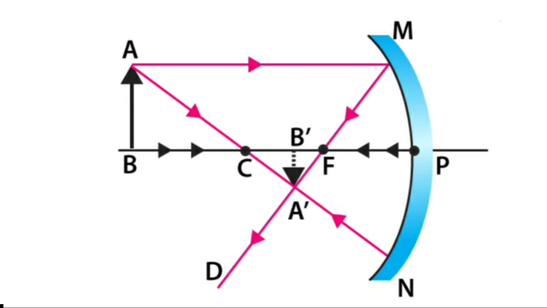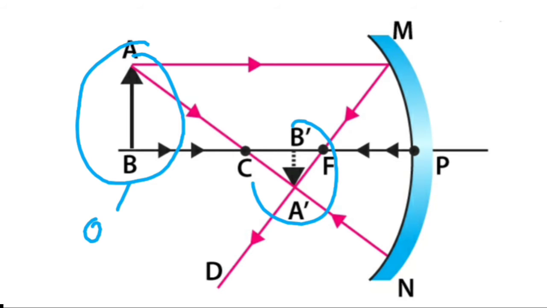Here is the point of intersection of these two rays. If we draw a perpendicular from the principal axis to this intersecting point, we get the image, which is A dash B dash. If you look at the image, it is diminished, meaning it becomes smaller compared to the height of the object.